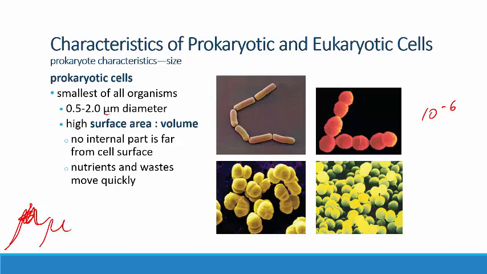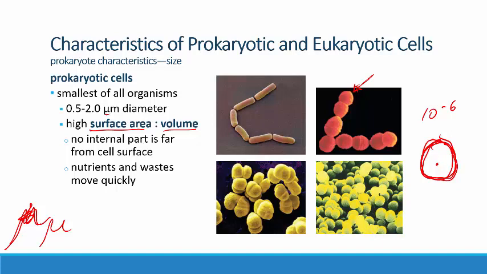Because they are so small, they have what is considered a high surface area to volume relationship. When you think about the whole volume of an archaean or a prokaryote, let's say a spherical bacterium like these here, the surface area is the cell membrane that surrounds the entire cell.